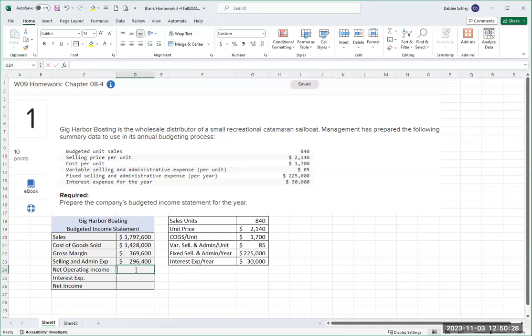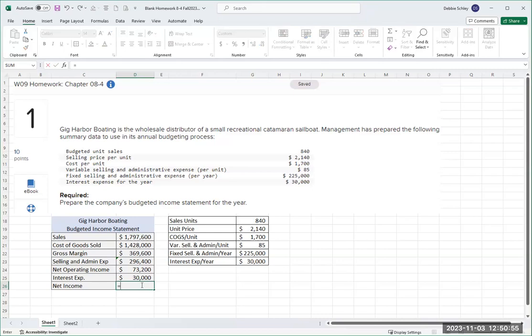Okay, so then I'm going to take my gross margin minus my selling and administrative expense. And that gives me my net operating income of 73,200. And now we need to put in the interest expense. Because that's for the year, it's just the number they gave me.